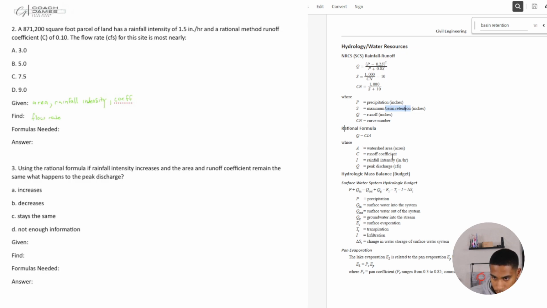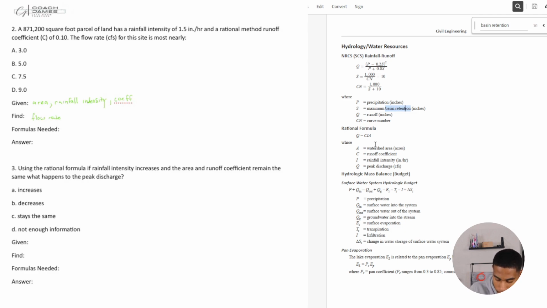C is the runoff coefficient, which looks like we do have for this rational method. And then A is the area. We have it, but we don't have it in acres, so just something to note. And I, we have the rainfall intensity in inches per hour. So we have all the information we need to get Q, or the flow rate.